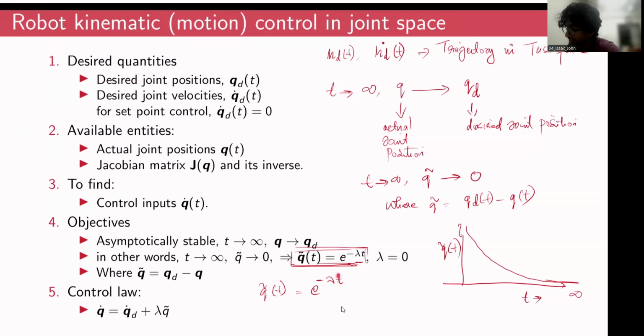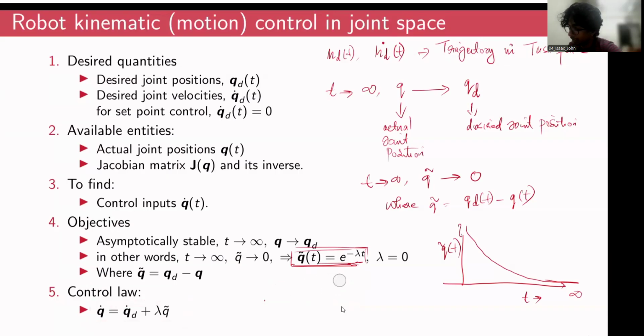So what will happen is, as t tends to infinity, this term would tend to 0, and thus q tilde of t would also tend to 0. Right? So if we want the system to behave as per this equation, we want the system to follow this first order error dynamics, right?